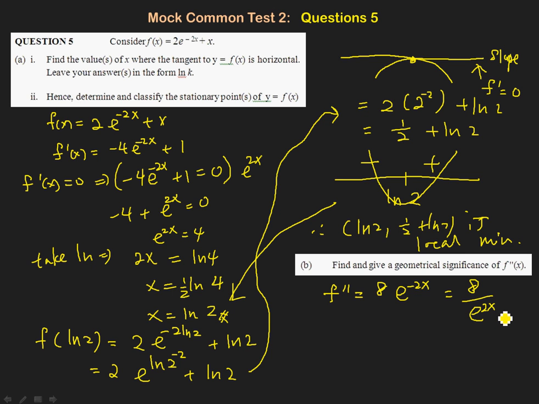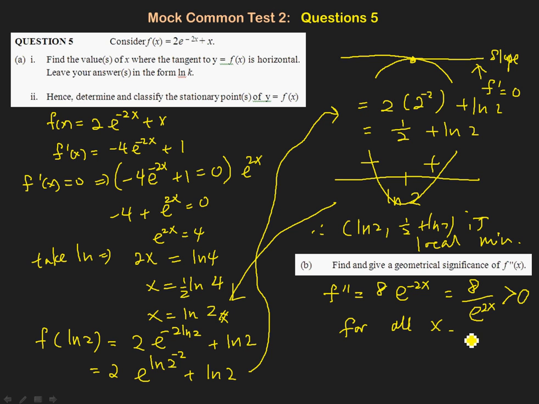Note that if you recall, e to the power of 2x, any exponential function, is never 0, and it will never be negative. So a positive divided by a positive will always be greater than 0. This is true for all values of x.